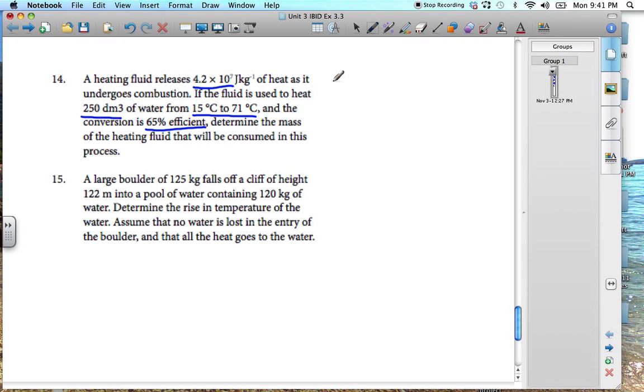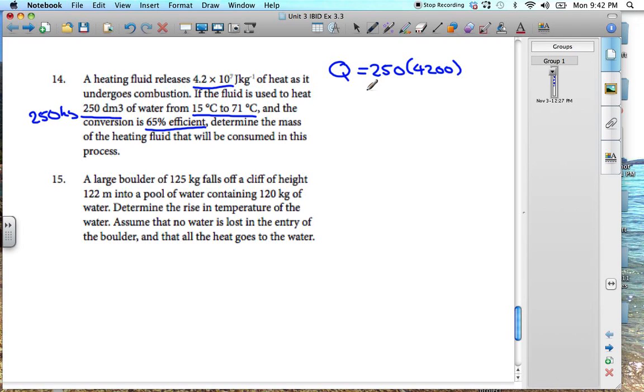So let's firstly work out the heat required to heat that amount of water. Now again, it's 250 decimeters cubed. That would be the same as 250 kilograms. So we're going to get 250 times C, which is 4,200, and our temperature change is from 15 to 71. So there we're going to get 56.